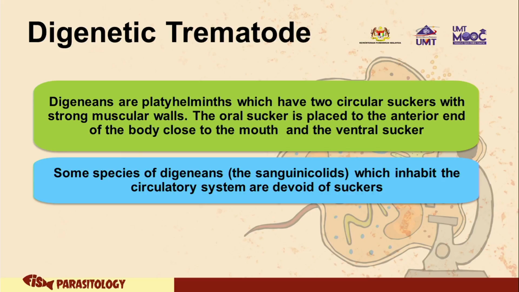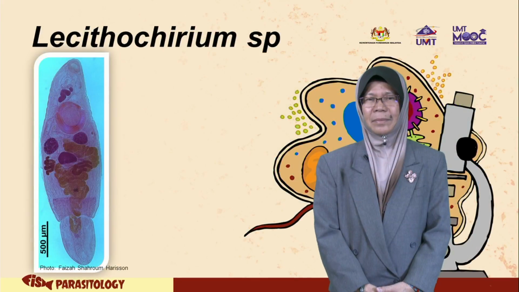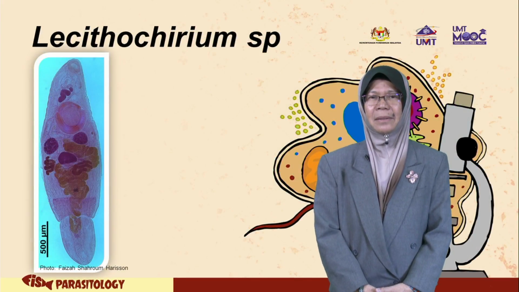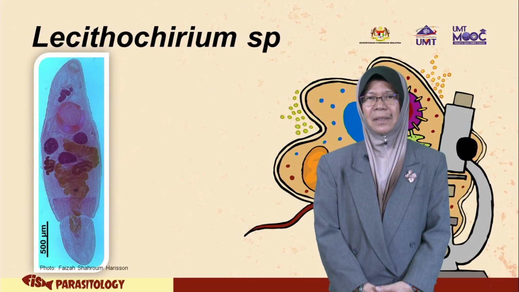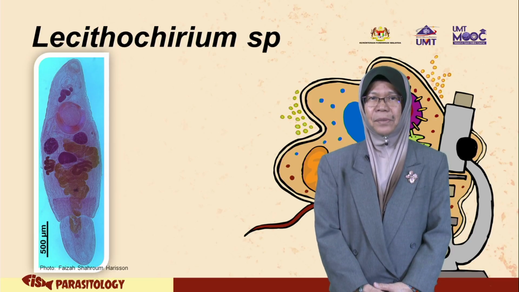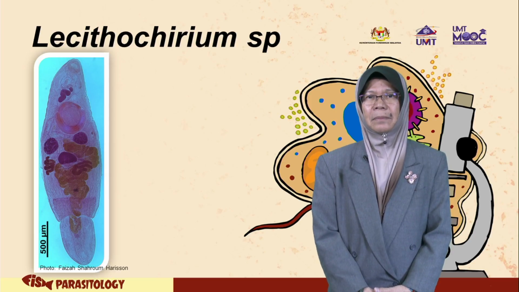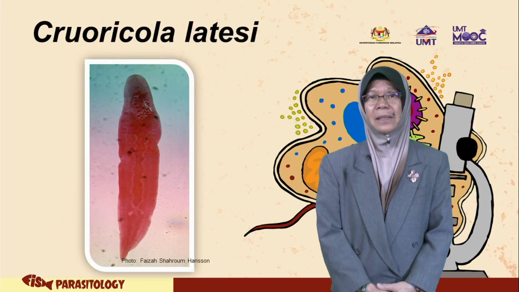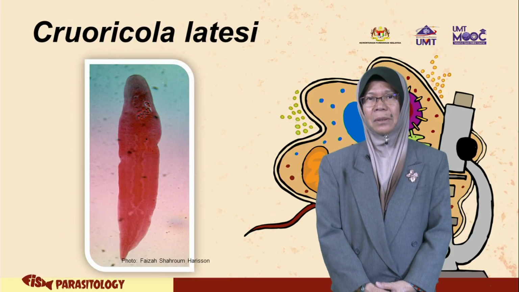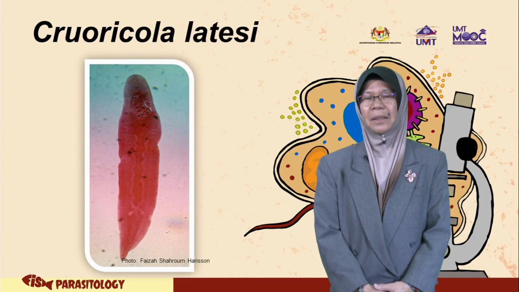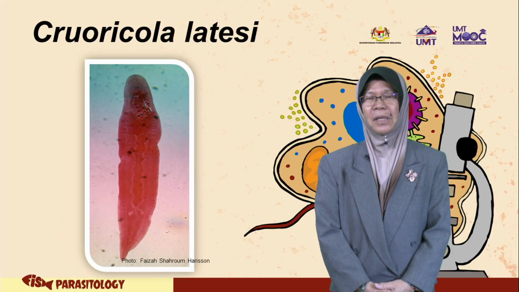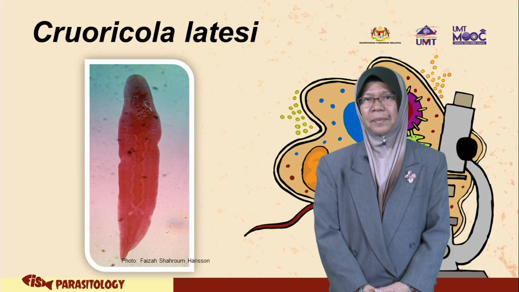Some species of digeneans, the sanguinicolids, which inhabit the circulatory system, are devoid of suckers. This parasite, Sanguinicola species, is from cellarfish. Cruoricola lates is a blood trematode which is found in the heart of the marine fish Lates calcarifer.